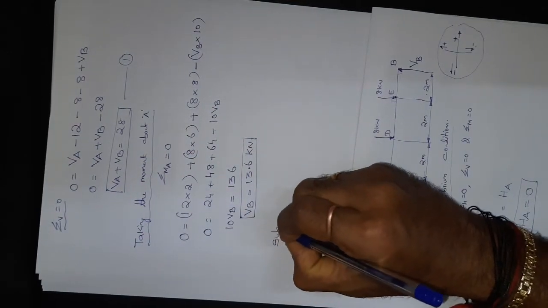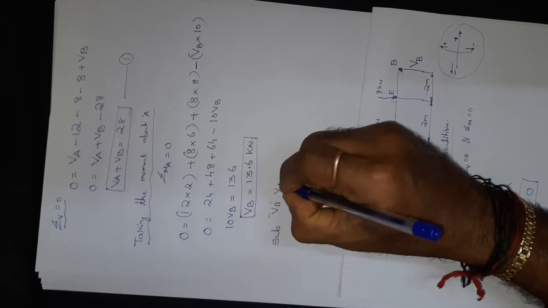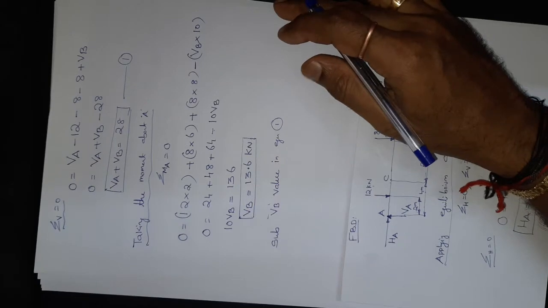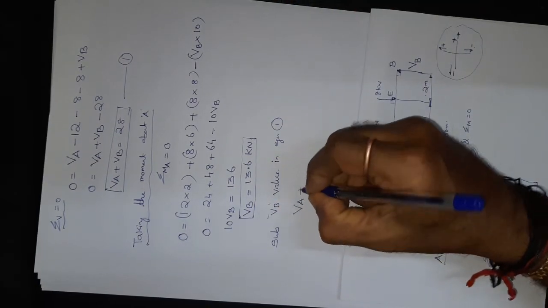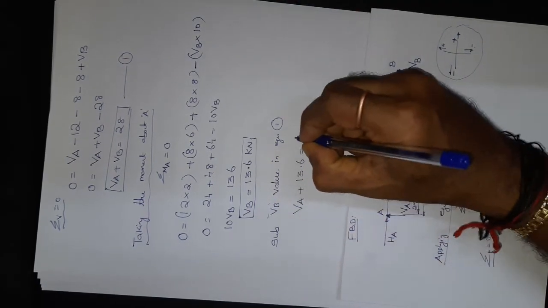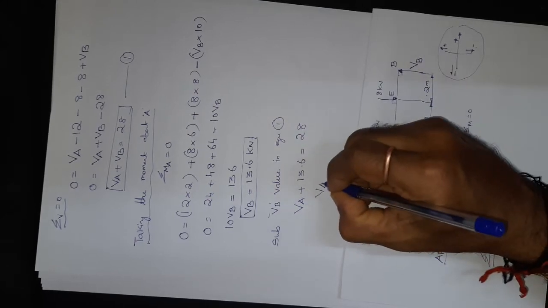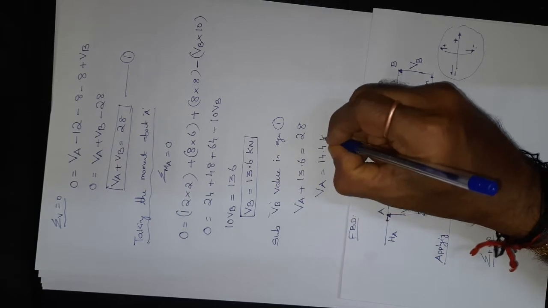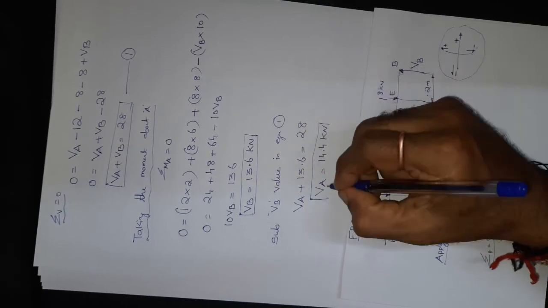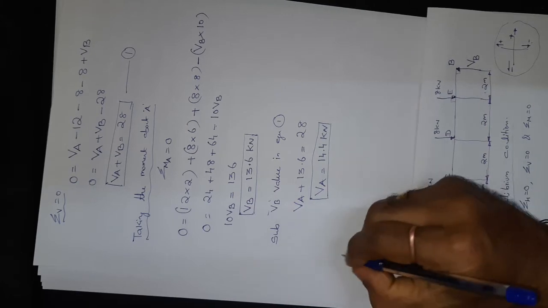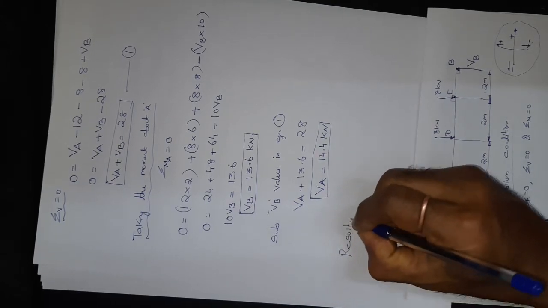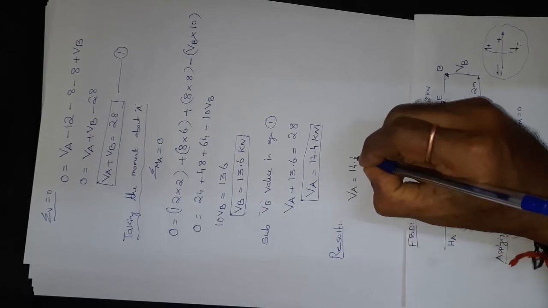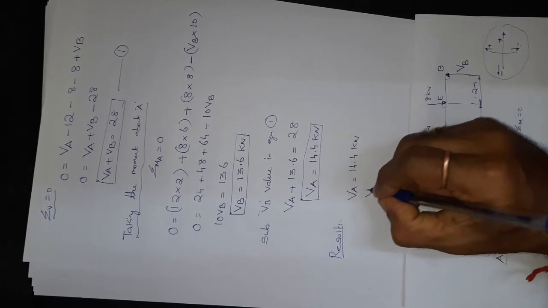So VA plus 13.6 equal to 28. Therefore VA equal to 28 minus 13.6, which is 14.4 kilonewton. Right. So at last we have to mention the result. VA equal to 14.4 kilonewton and VB equal to 13.6 kilonewton.